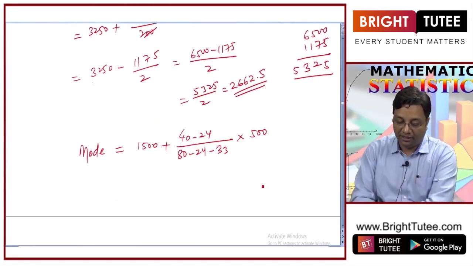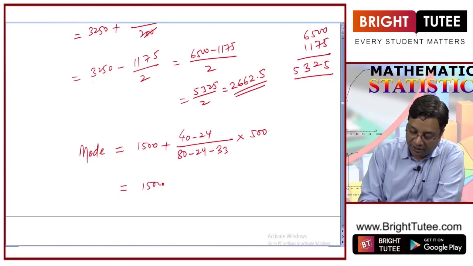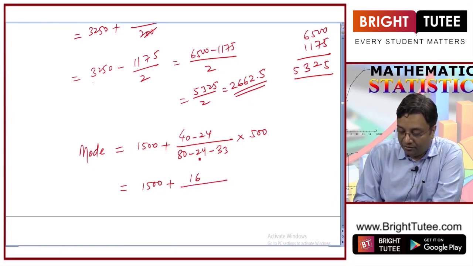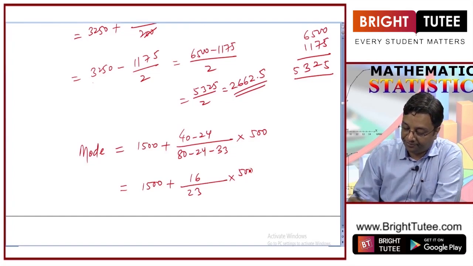Okay. So this will give us the modal monthly expenditure, 1500 plus 16 divided by 24 plus 33 is 57, and 80 minus 57 is 23, and you multiply it with 500.